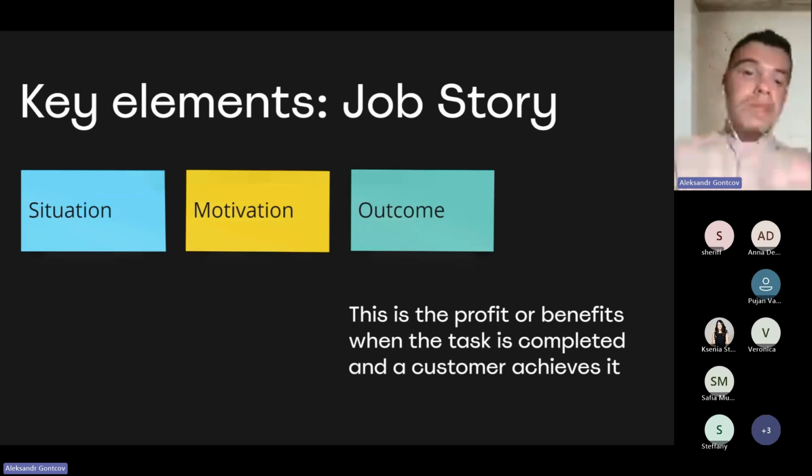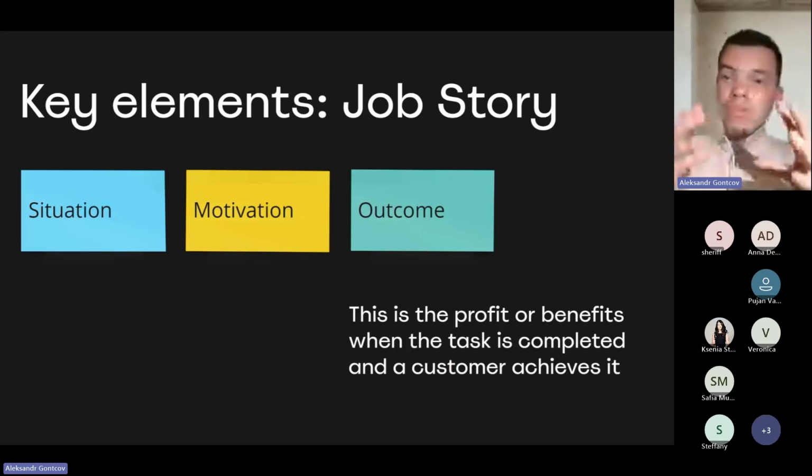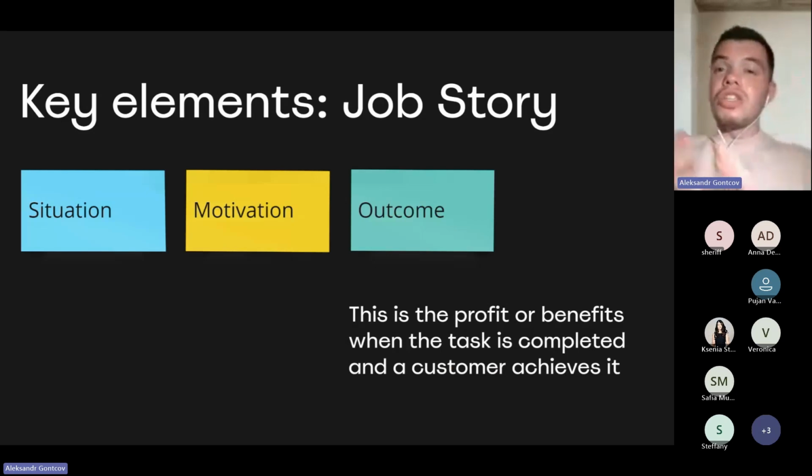So basically, when something occurs, a customer wants to do something to achieve something. This is the logic of a job story, and it provides you with three absolutely unique features.